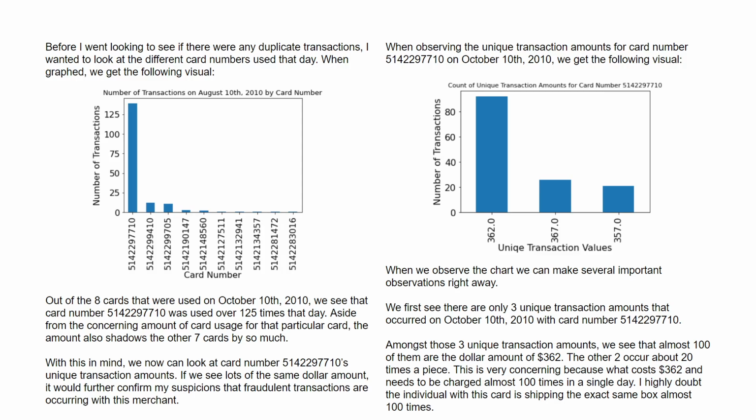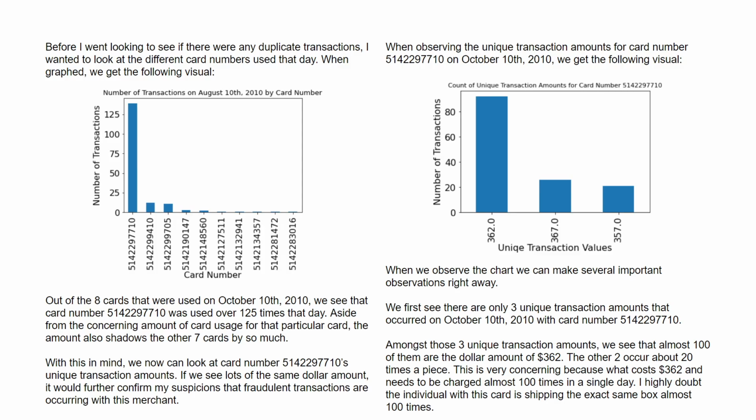These are unique transaction values. They're not around it. The individual spent $362 over 90 times on October 10th. They spent $367 almost 25 times on October 10th, and $357 almost 20 times.